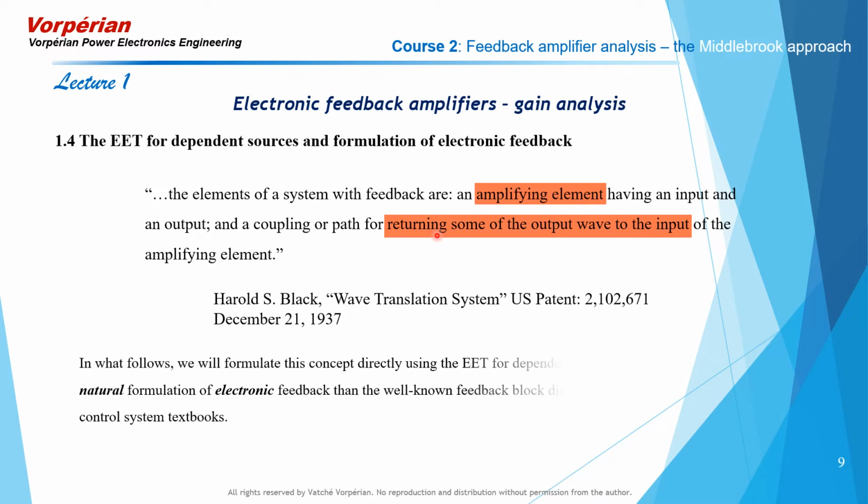And it is precisely this idea that we are going to formulate directly using the EET for dependent sources. The result will be a more natural formulation of electronic feedback than the well-known feedback block diagram found in all electronic books.